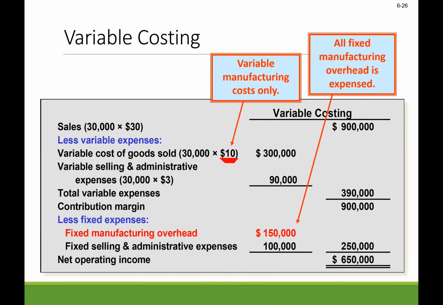Now, under variable costing, we only take the variable cost of goods sold, and that's the $10, not the 16 under absorption. But all the fixed manufacturing overhead goes into the period cost.